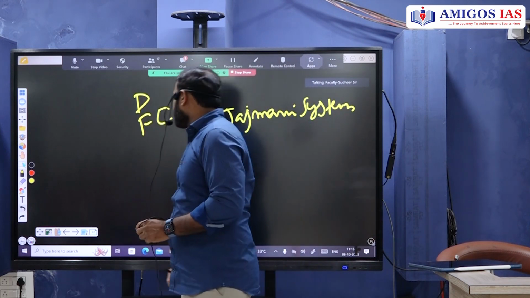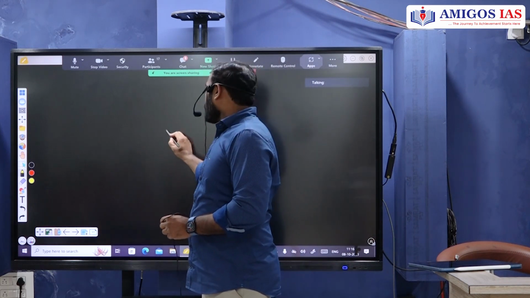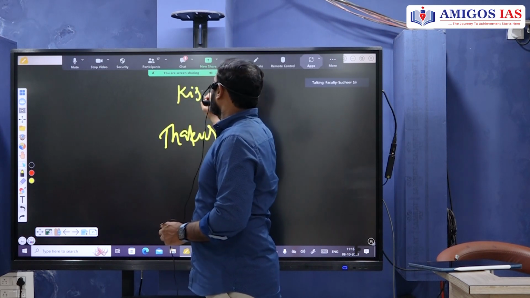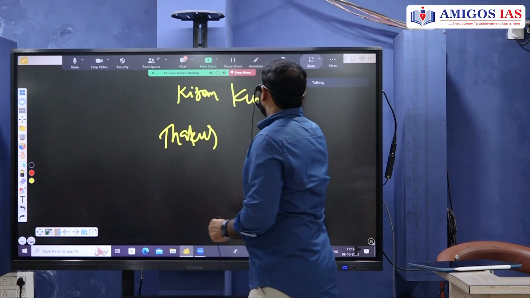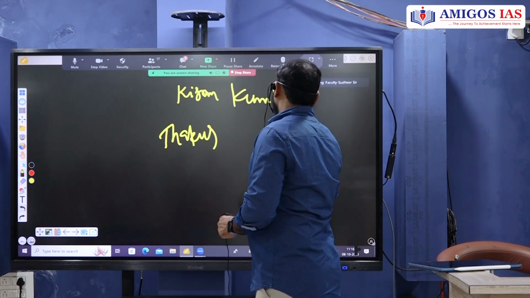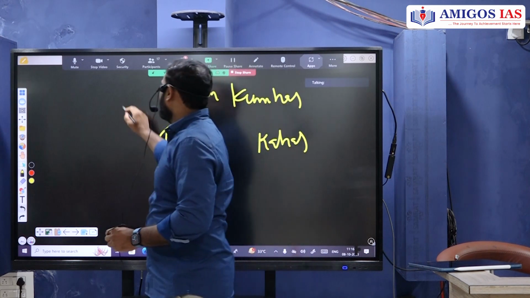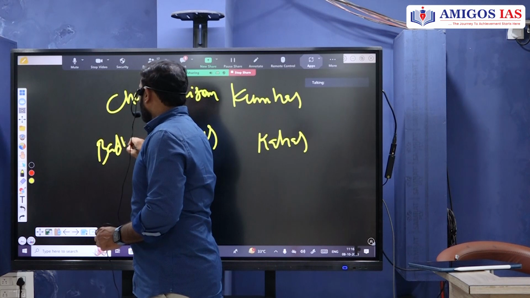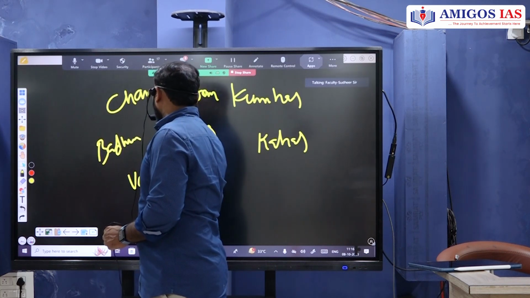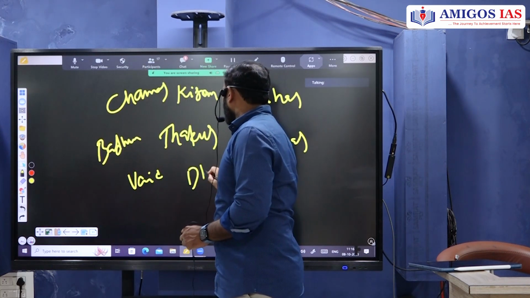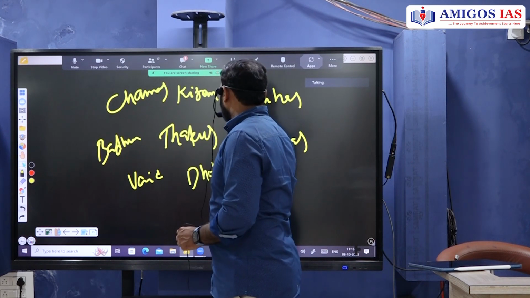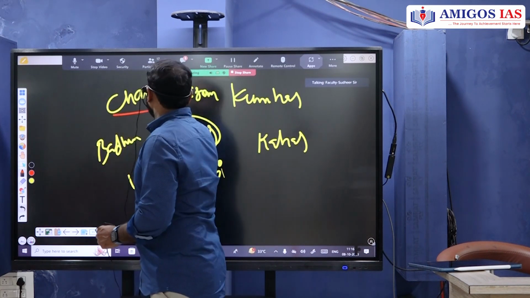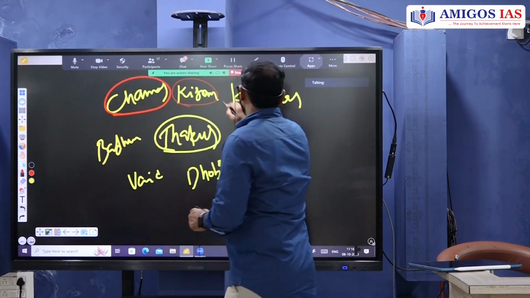What is a diagram? Here you have Thakur. Here you have Kisan, Kumhar, Kahar, water carrier. Kumhar means potter. You have Chamar, Nai, Vaid, Dhobi, etc. That means this is how people are serving each other.